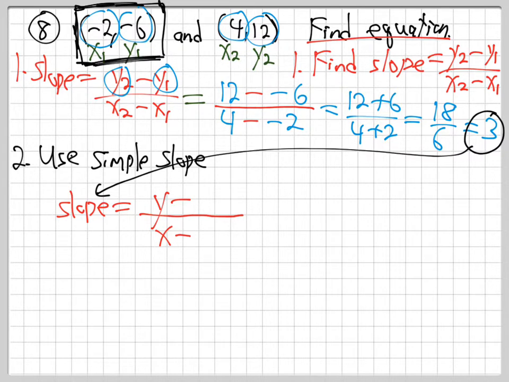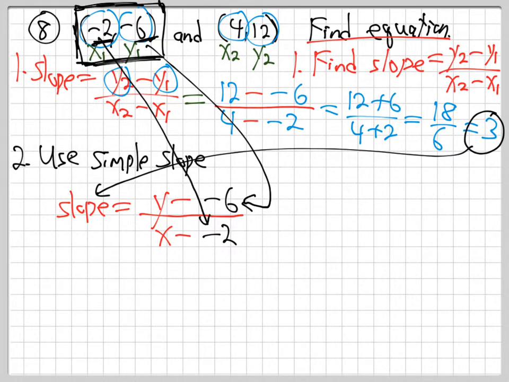But careful now, make sure you put the y behind the y. So the y is the -6. I'll put that here. And the x behind the x, the -2. Is that good? See how I just grabbed the y value and put it behind the y, and the x value behind the x. So I'm just using the slope formula a second time, but it's the simple slope formula with the blanks in the back, and I'm only putting in 2 of the numbers, not all 4. And then the slope on the other side. Okay, so then what becomes of that?